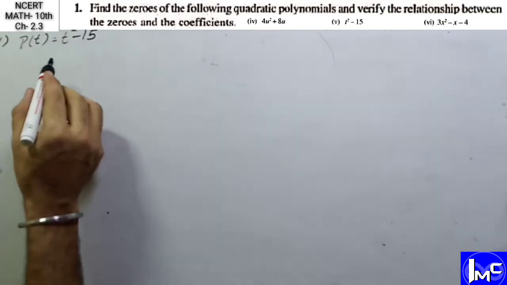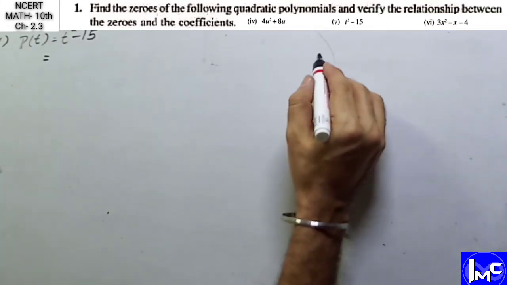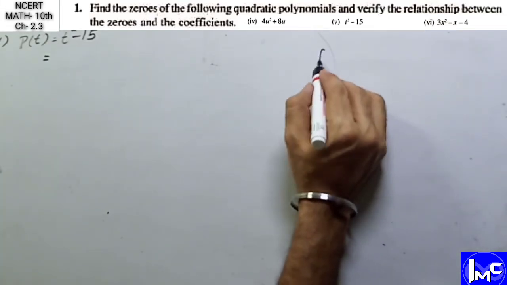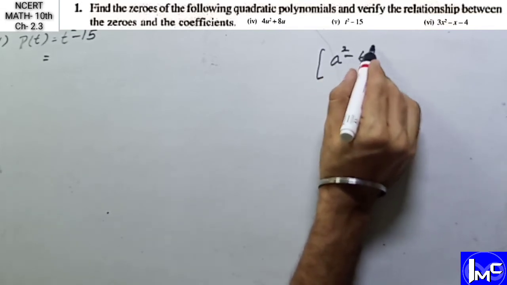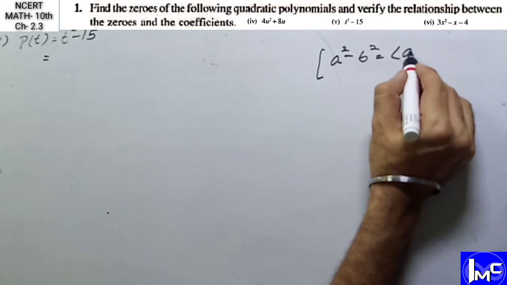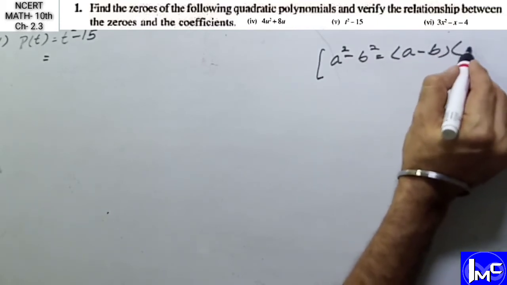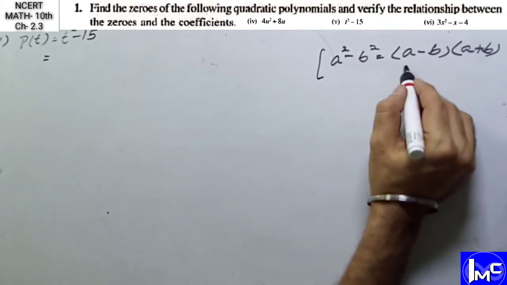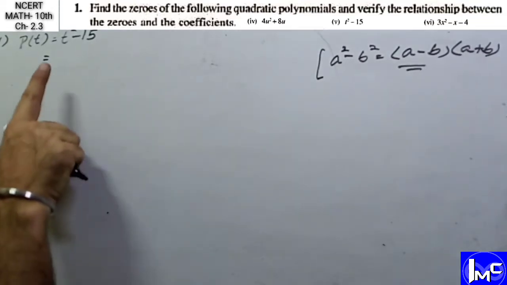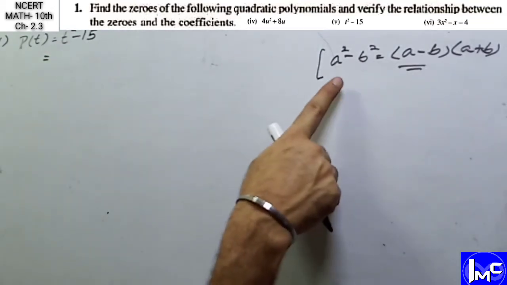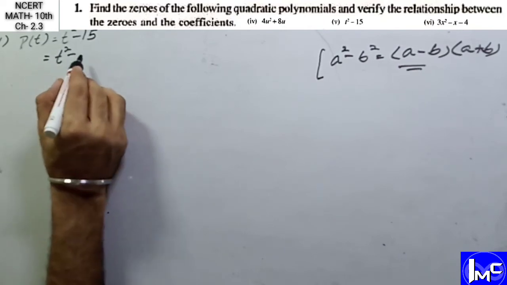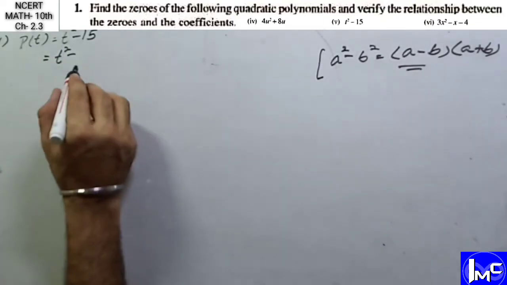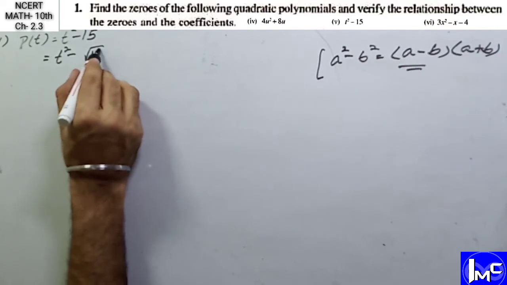We shall use this formula to factorize this polynomial, that is a square minus b square is equal to (a minus b)(a plus b). First of all, we shall convert this polynomial into this form, that is t square minus 15 can be written as t square minus (under root 15) square.